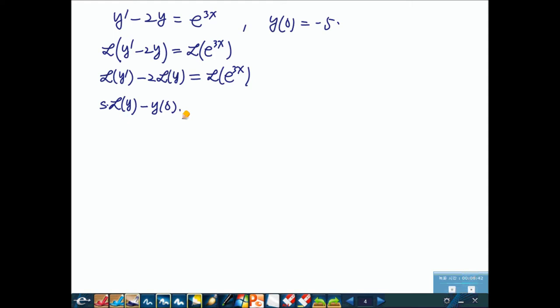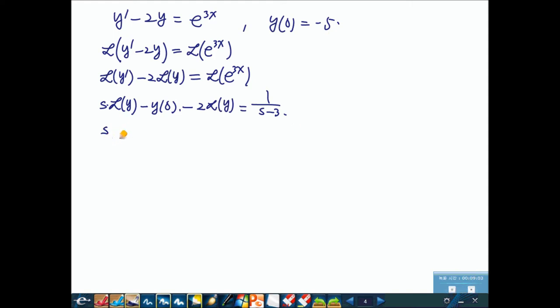And minus 2 Laplace of y, and you go to the Laplace transform table: e to the 3x is 1 over s minus 3. So you have everything in the s domain now.